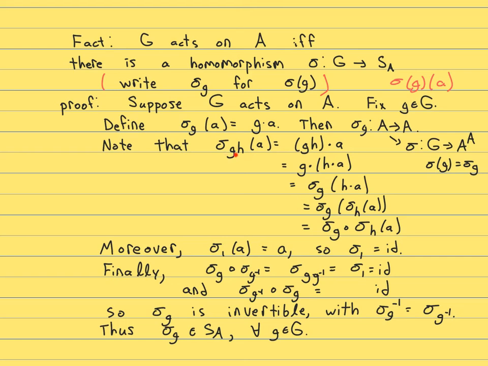This is for any two group elements G and H and any element A. And so this is enough to actually tell us that sigma sub GH is actually equal to the composition, since little a was arbitrary.